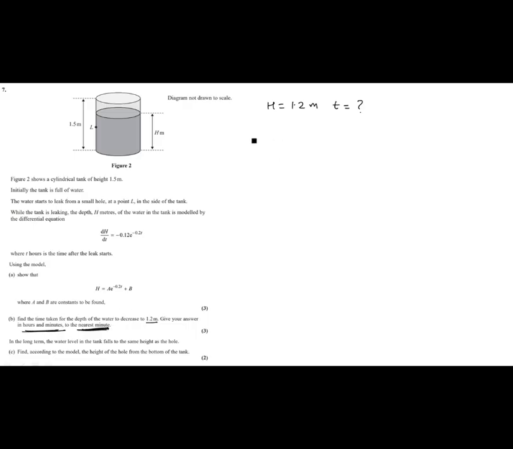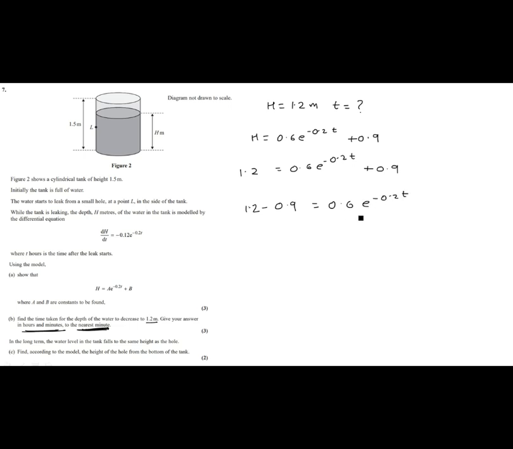Okay, so we have h is equal to 0.6 e to the power minus 0.2 t plus 0.9. Now if we just put h as 1.2 equals 0.6 e to the power minus 0.2 t plus 0.9, subtract 0.9 from both sides, so 1.2 minus 0.9 will be 0.3.